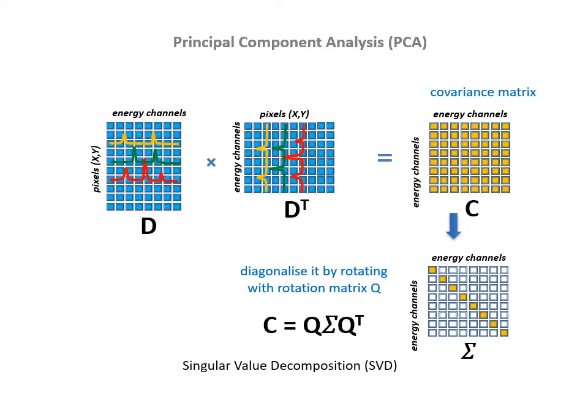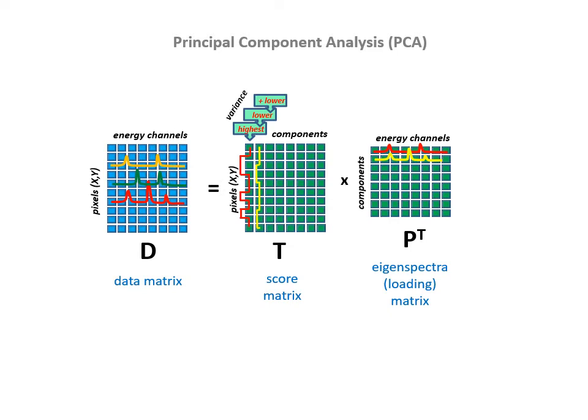As soon as we have a matrix, we can try to find some internal correlations among spectra. Let's form the covariance matrix, then rotate it to make it diagonal. Diagonal means that only the diagonal elements are not zero. It's always possible to do, and that is actually the well-known singular value decomposition, SVD. If we know the SVD eigenspectra, it's possible to recast our data in terms of eigenspectra.